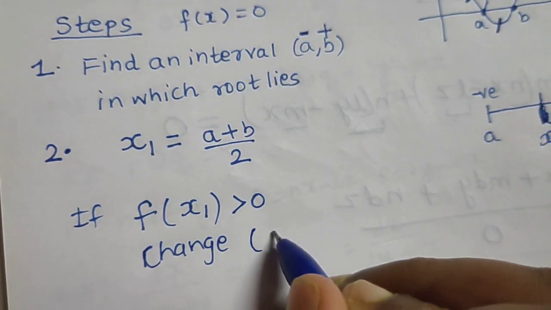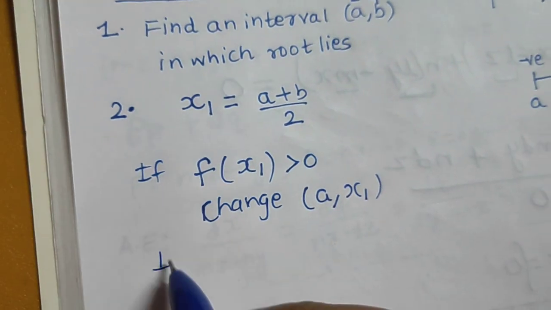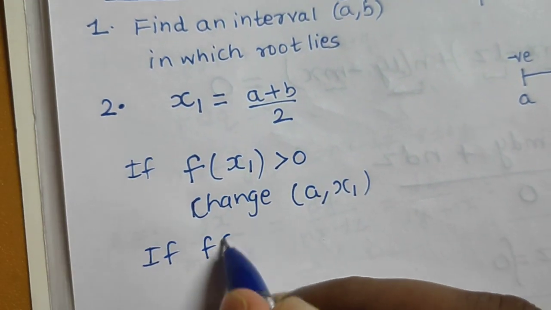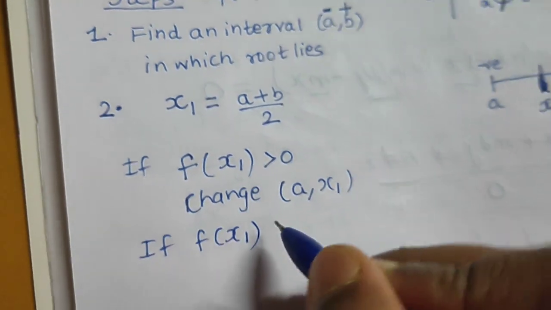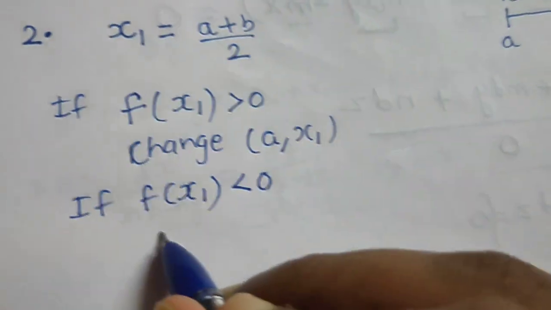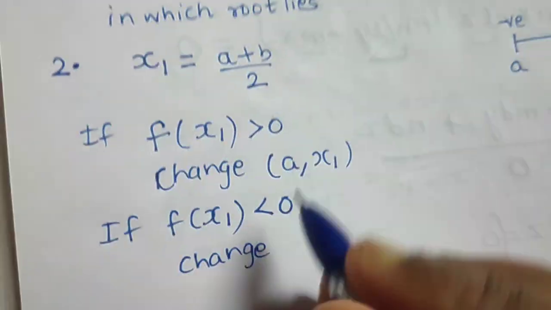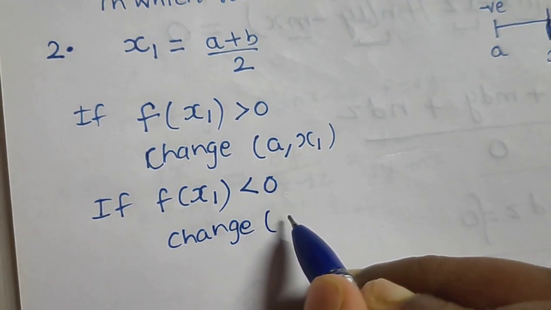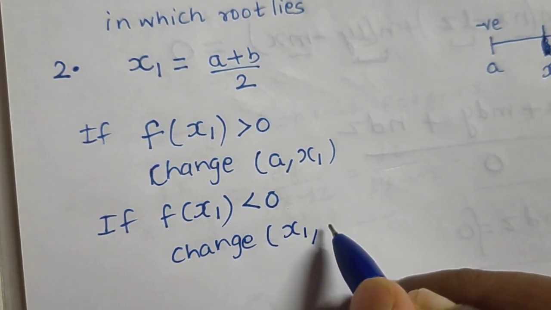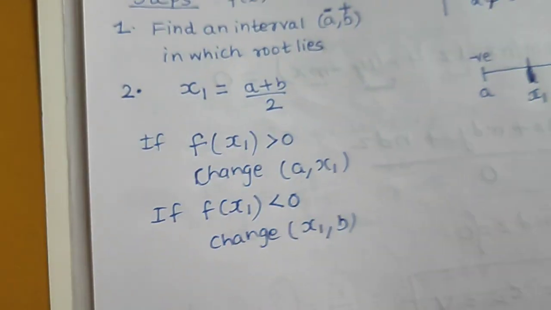Your new interval will be (a, x1). And in case f(x1) is less than 0, then a corresponds to negative, so change a to x1. The new interval becomes (x1, b).